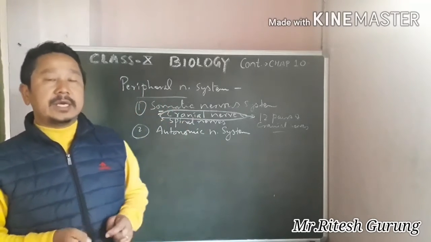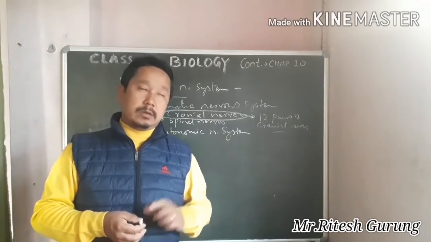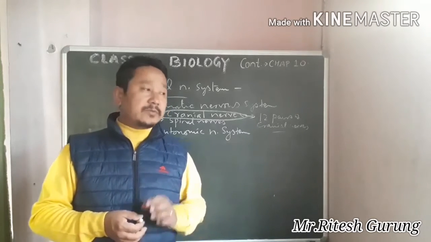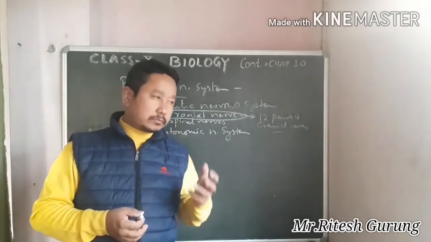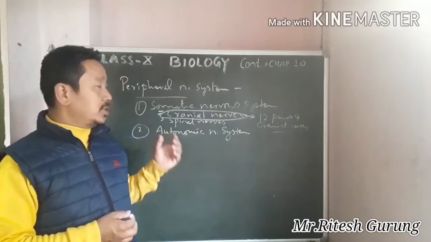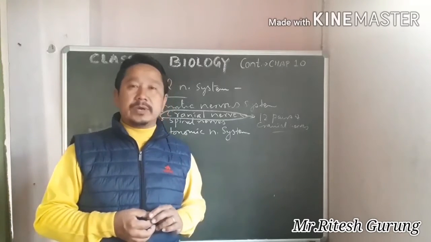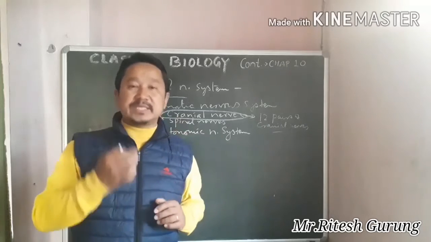Similarly, motor nerves are there going to the muscles of your eyes. Then you also find the nerves going to the muscles of the face and tongue.